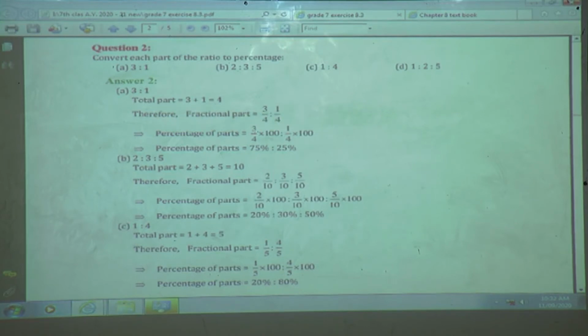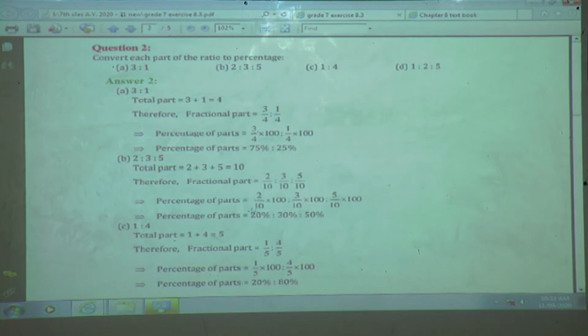Here we will see one more situation, 2:3:5. Here we find the total part. The total part will be 2 plus 3 plus 5, which is equal to 10. Therefore the fractional parts are 2 upon 10, 3 upon 10, 5 upon 10. Percentage means we have to multiply by 100.